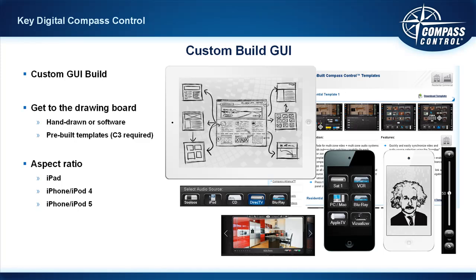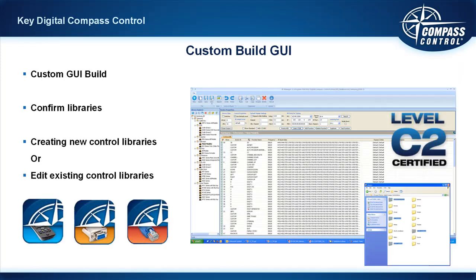Another thing to consider with custom is the aspect ratio, portrait or landscape. There are 3 aspect ratios we support: iPad, the iPhone and iPod 4, and the iPhone and iPod 5 aspect ratios as well, where the 5 is a little taller than the 4. So it's just some ideas of how you first get started and then get your hands on it.